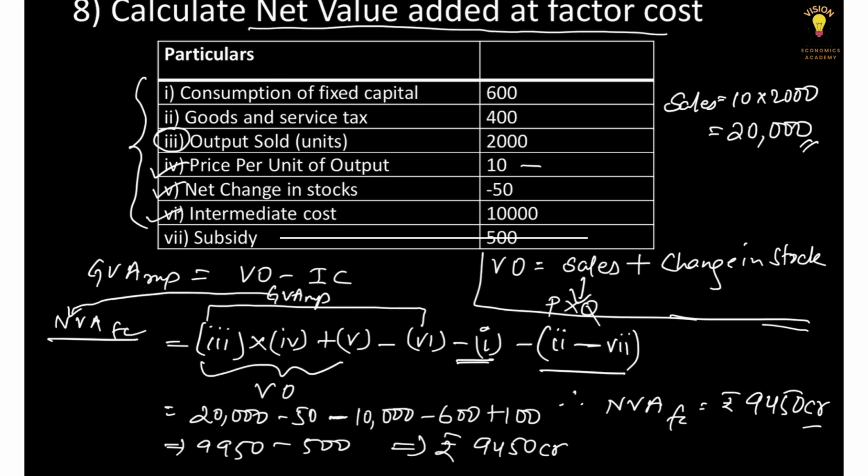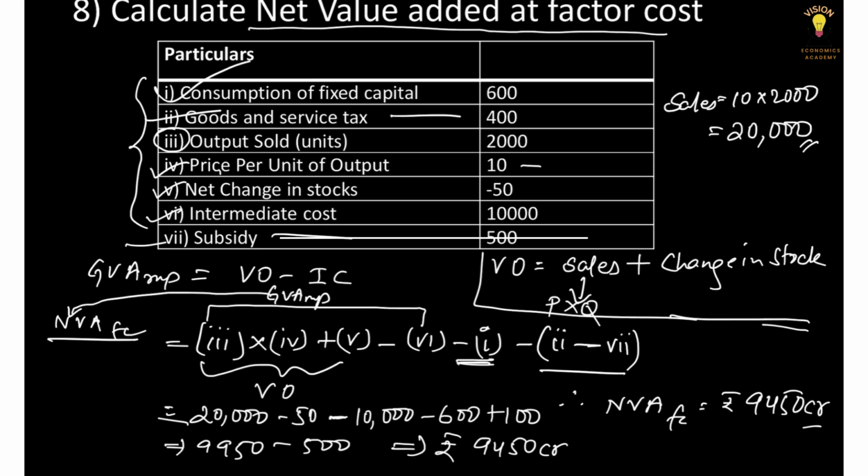As the sales was not given directly, we had to multiply price into output, which gave us 20,000, plus change in stock gave us value of output, minus intermediate cost gave us GVAMP, and from gross to net, minus depreciation, consumption of fixed capital, then minus net indirect taxes, that is indirect tax minus subsidy. So the answer is 9,450 crores.